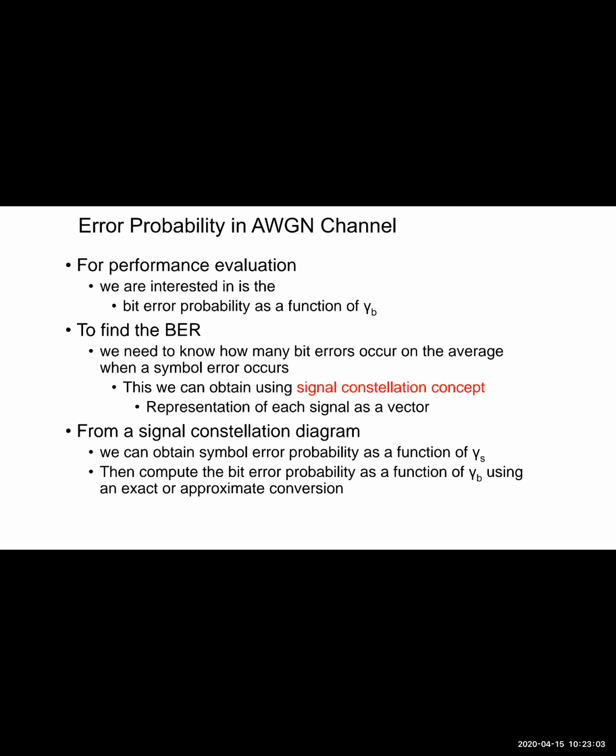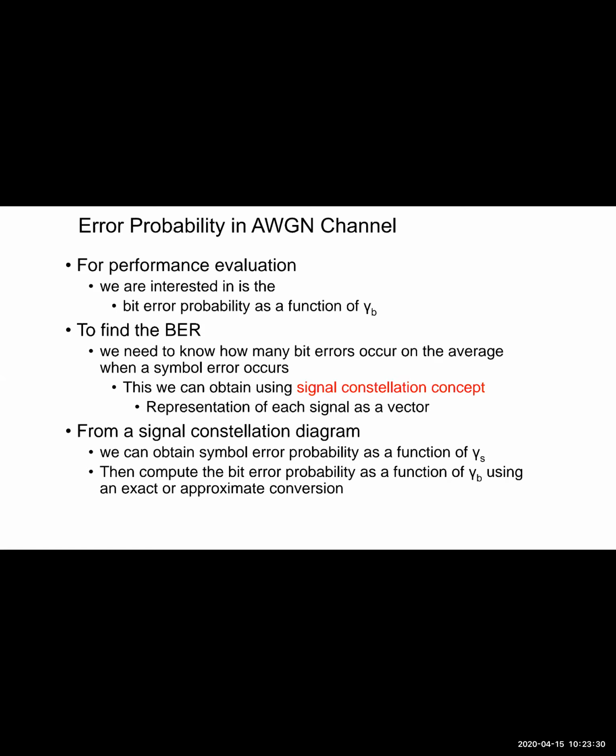Most often in wireless communication, the bit error probability as a function of what? The Eb over N naught is what we want to find out. Okay, our focus is what is the bit error rate with respect to what? The power or the energy in one bit with respect to that noise.